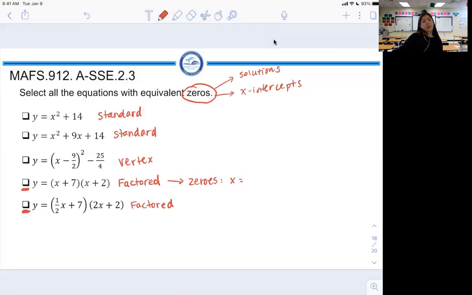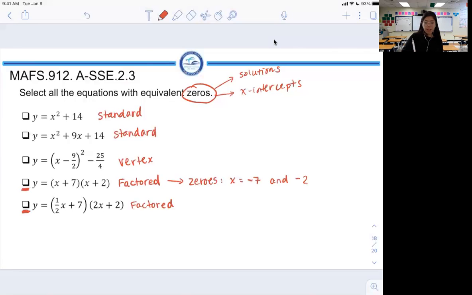It's not positive 7 and positive 2. They're going to be negative, because remember, it's always flipped. I'll show you why in the next example. So negative 7 and negative 2.